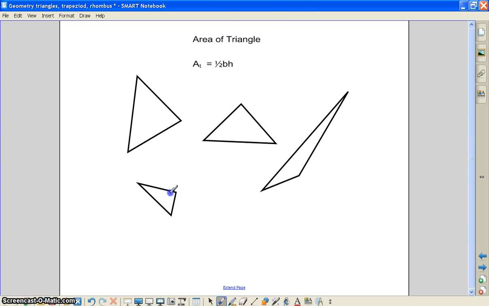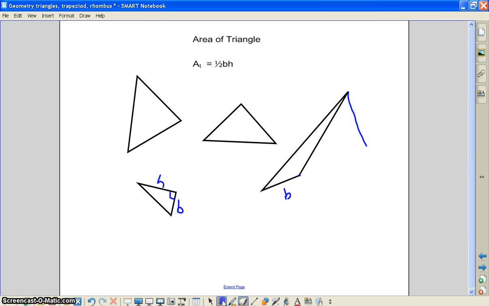Again, I see that this is a right triangle, so as long as I make the base one leg, the height will be another leg of the triangle. And on obtuse triangles, if I call this the base this time, the altitude has to be perpendicular to that line.